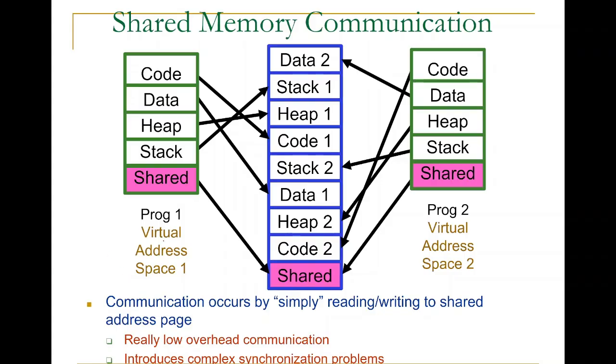This is virtual address space 1, this is virtual address space 2, with program 1 and program 2. Now, this allocation could be in your hard disk drive. Communication occurs by simply reading or writing to the shared address page.